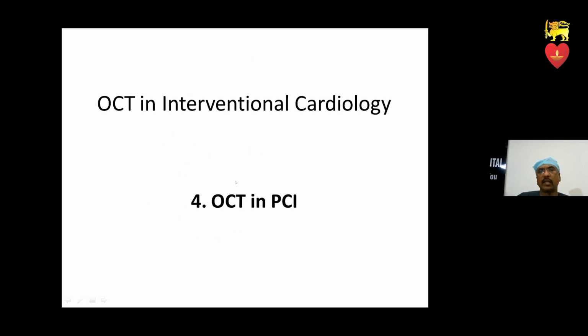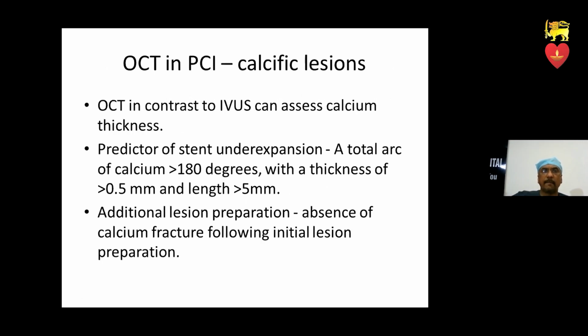So let us look at the role of OCT in PCI, in calcific lesions. When you see an arc of more than 180 degrees of calcium, with a thickness of more than 0.5 and a length of more than 5 millimeters, this calcific lesion is going to result in an under-expanded stent, and therefore you will need to do something.